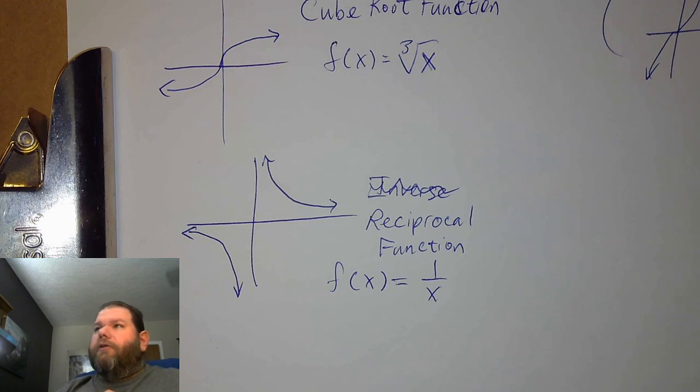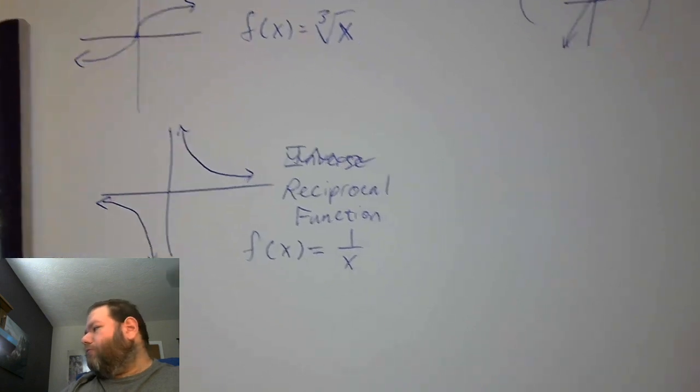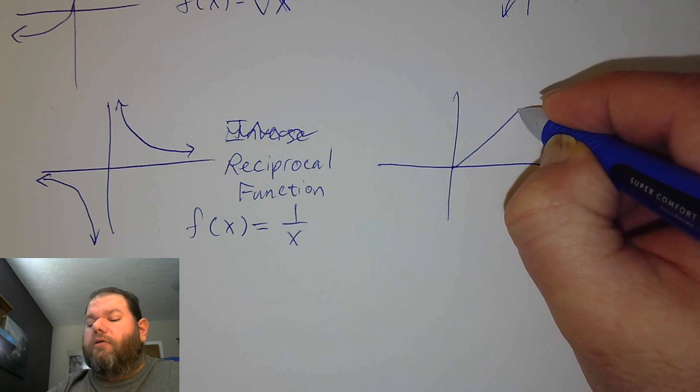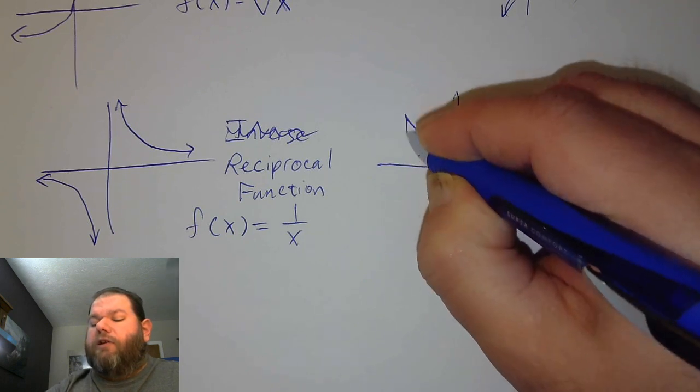Let's see. We also have the absolute value function, which is a V-shaped graph.